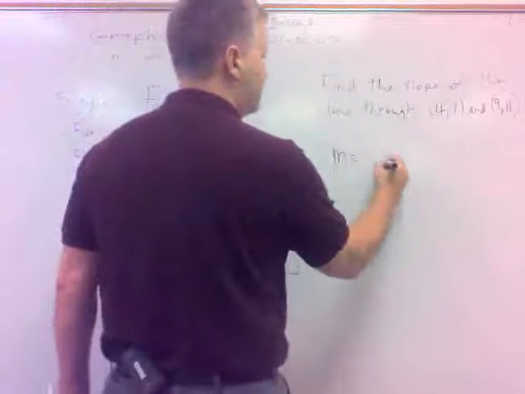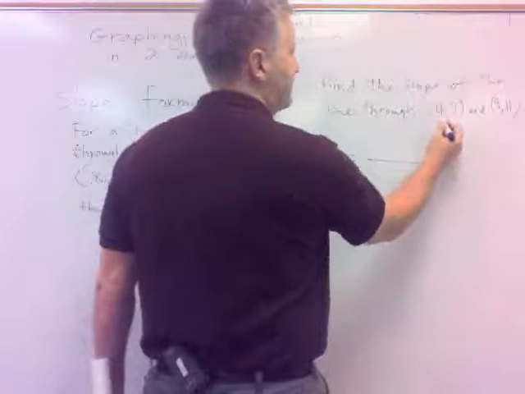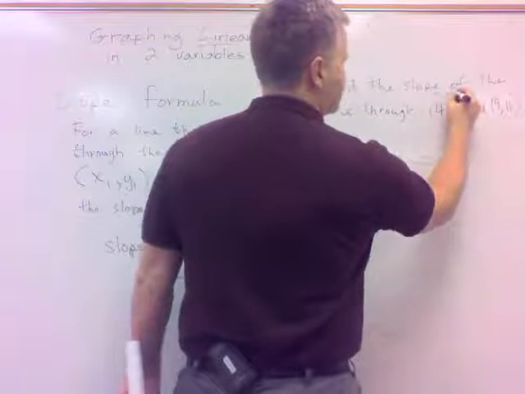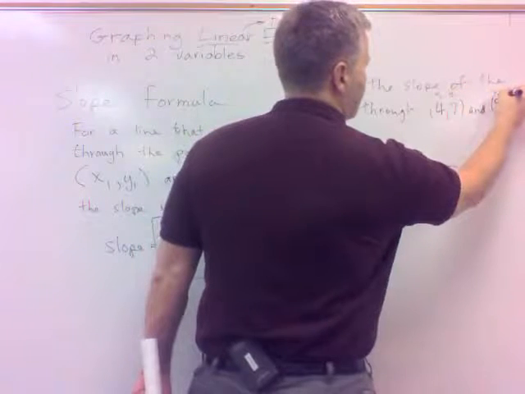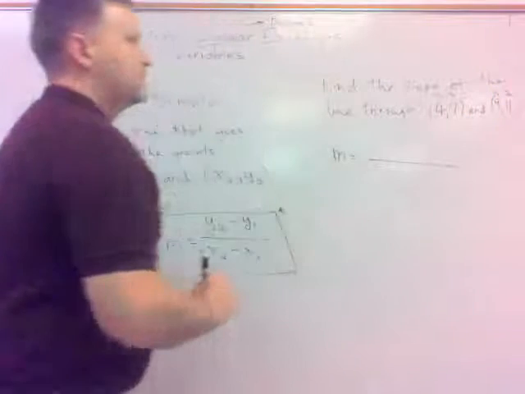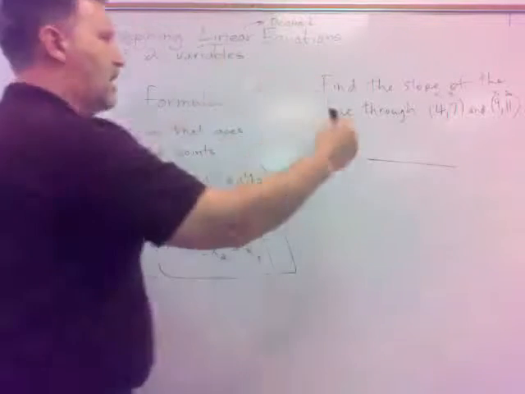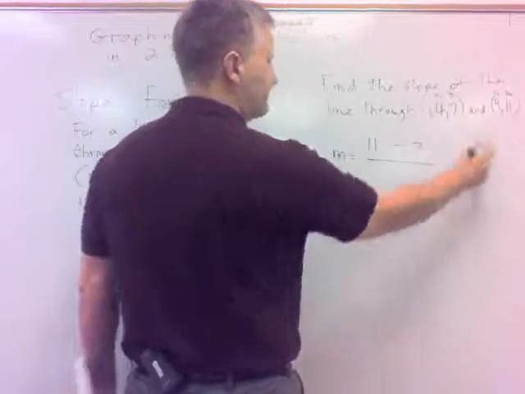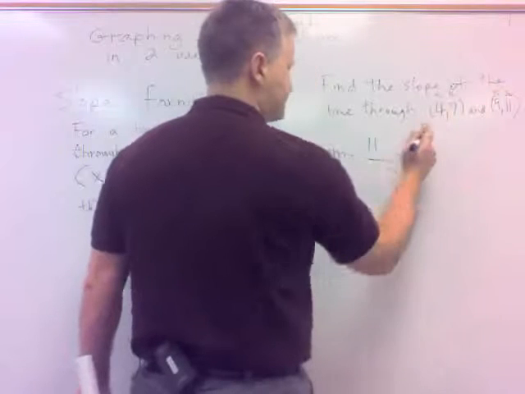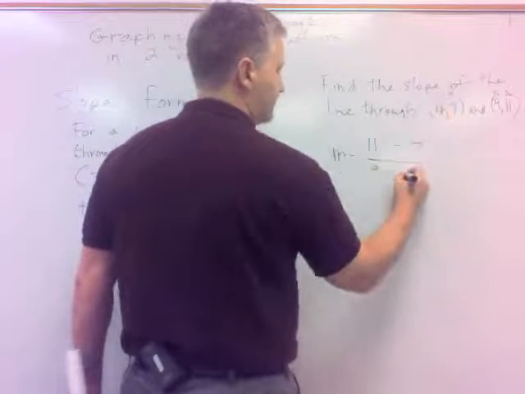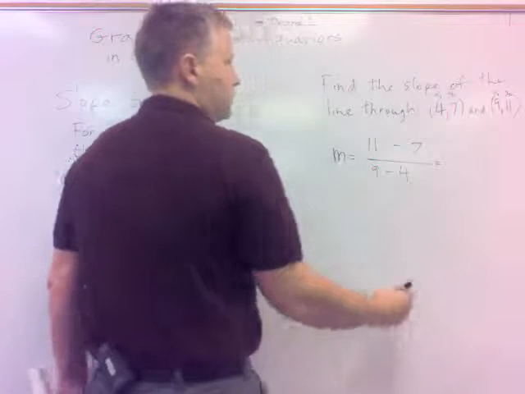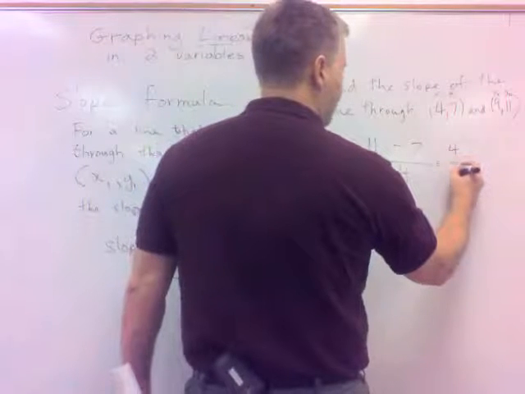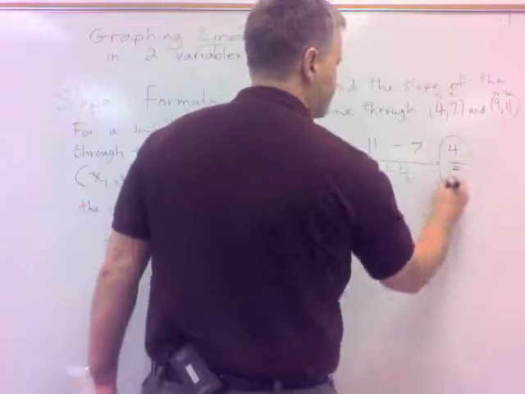Well, that would be slope equals, this being the first x, first y, second x, second y, so that's x1, y1, that's x2, and that's y2, right? So slope formula: take second y, 11, minus first y, 7, and then divide that by second x, 9, minus the first x, 4. So we wind up having a slope of 4/5.